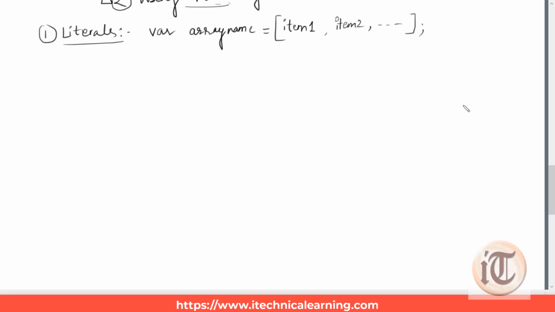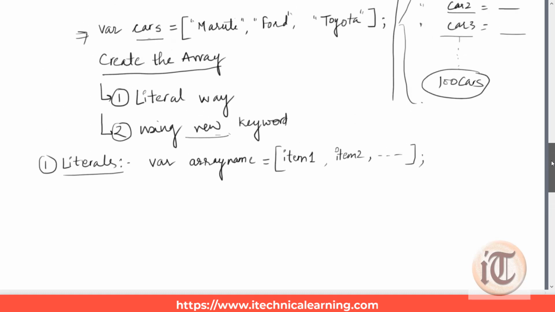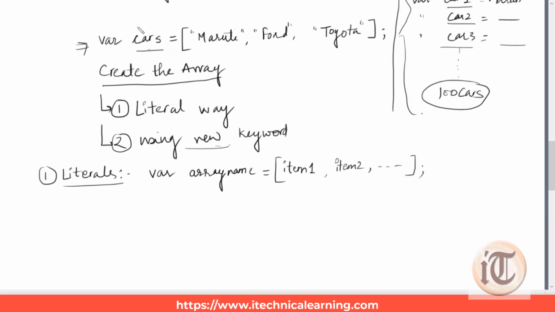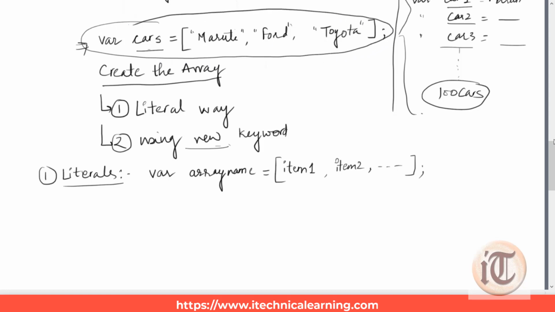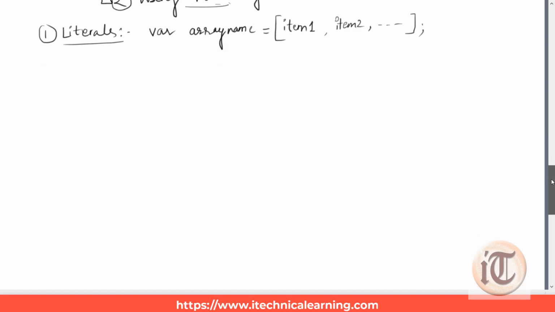Just like we declared the array of cars here. So this is the literal way of declaring arrays in JavaScript.